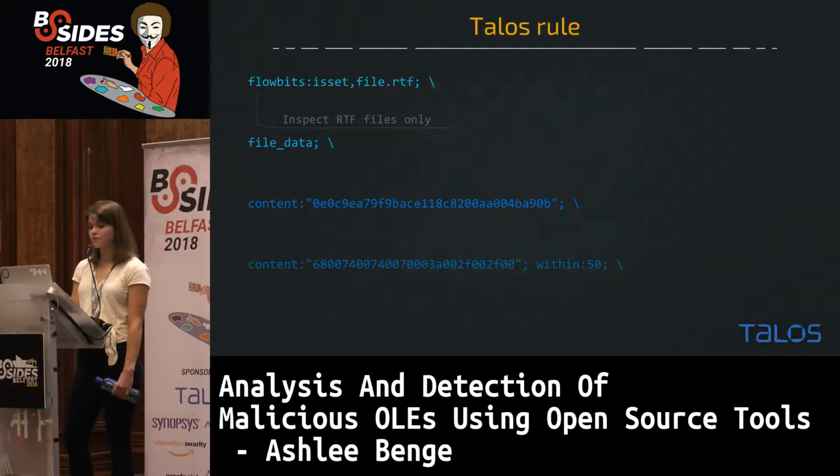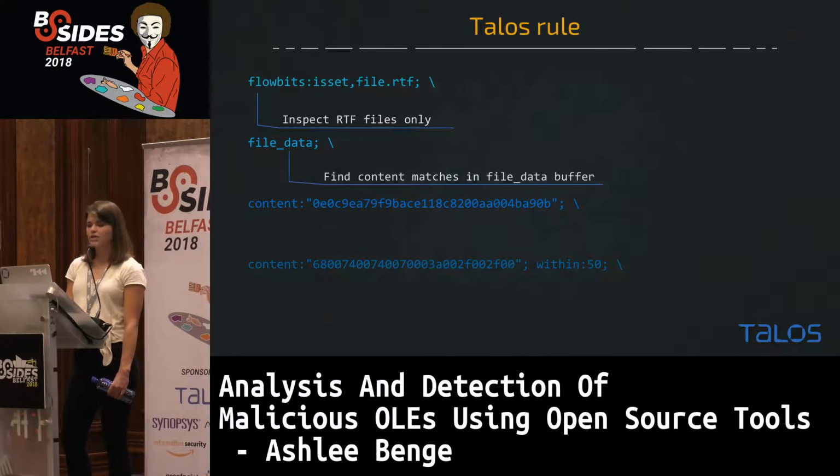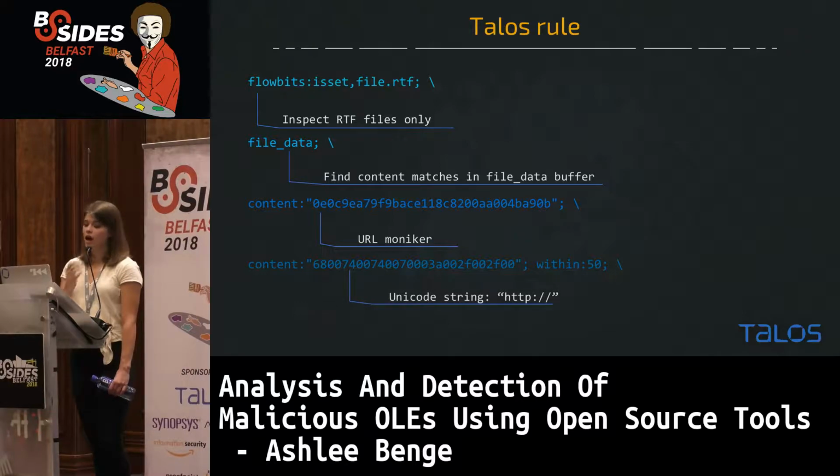We then have our file data buffer, because we only want to look at things within the file itself. And then we look for a URL moniker. And finally, relative to that URL moniker, within the next 50 bytes of the URL moniker, we want to look for the Unicode string http://. And why, you might ask, are we including this if we just want to look for abuse of this moniker?